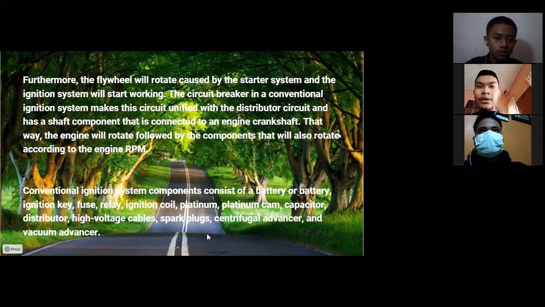Conventional ignition system components consist of the battery, ignition key, fuse, relay, ignition coil, platinum contact, capacitor, distributor, high voltage cable, spark plug, centrifugal advancer, and vacuum advancer.